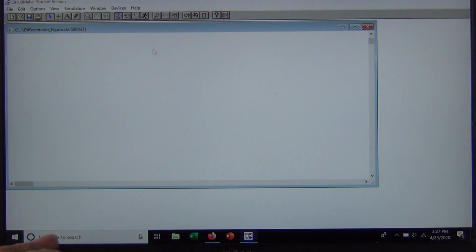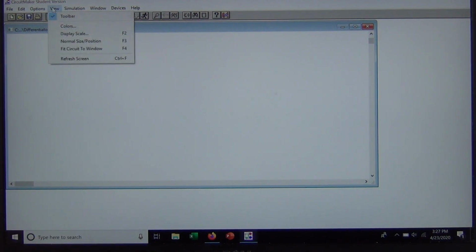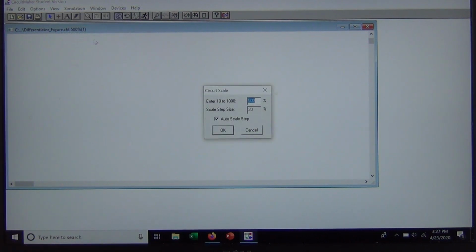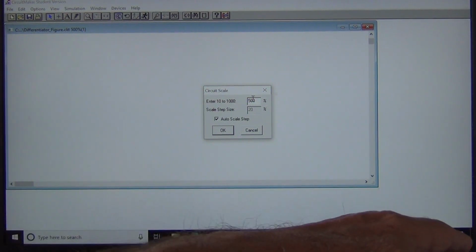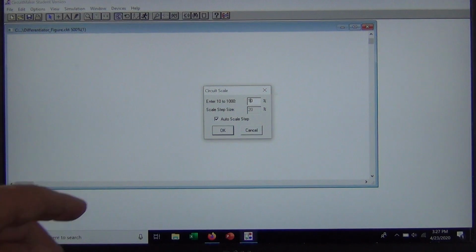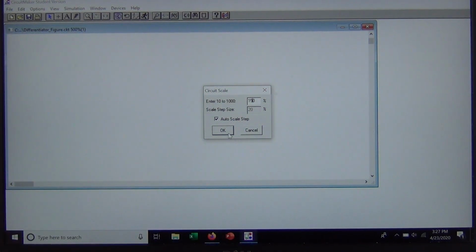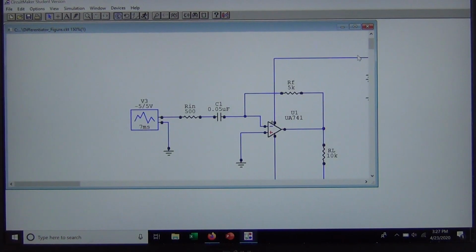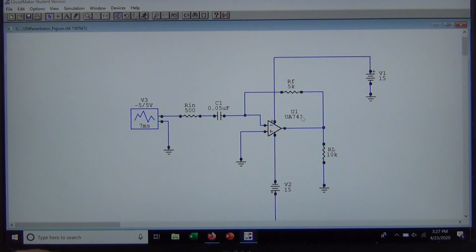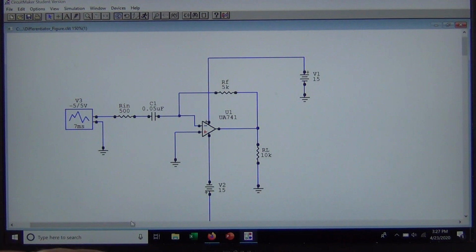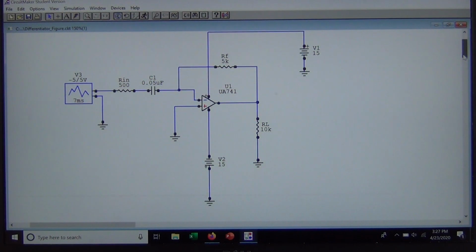Oop, I think I did 500, which is way too much. Try to do it a little bit better this time. There we go, 150, okay. And here we go. So you can see the circuit here. And I can center it a little bit, there we go.